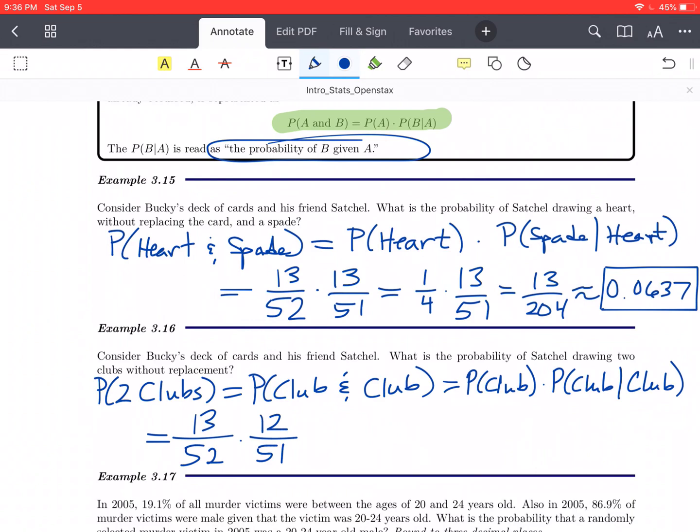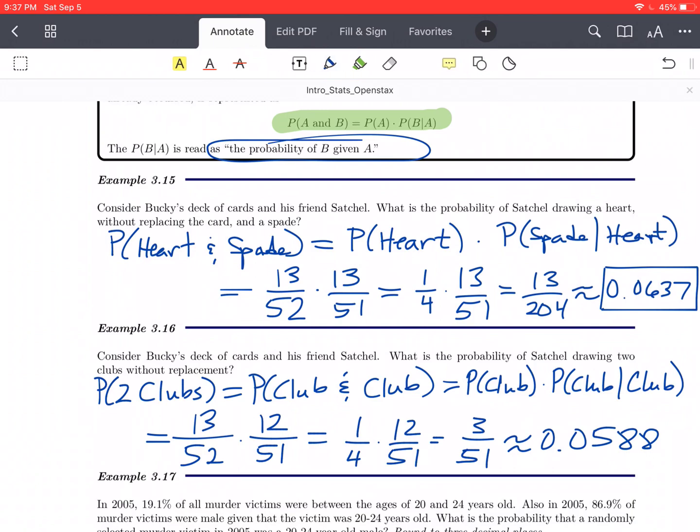So we're left with 12 out of 51 chance of getting another club. So this simplifies to 1/4 times 12 over 51, which actually simplifies down to 3 over 51, which is approximately 0.0588. So it's even less likely, right? And slightly less likely because one of the clubs is already gone, right? So your odds of getting another one go down.